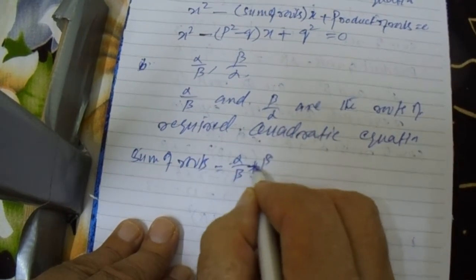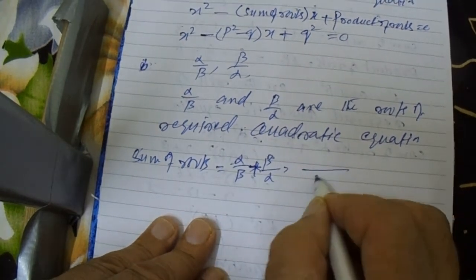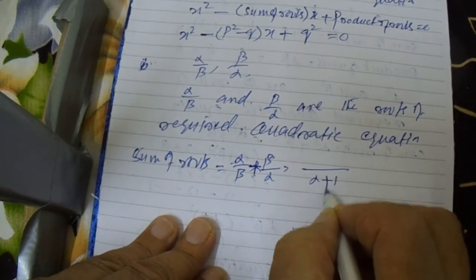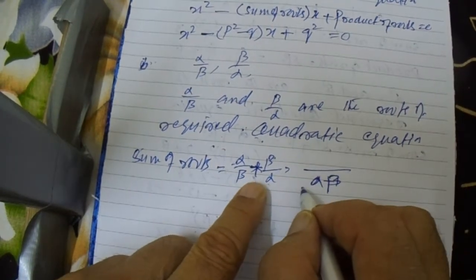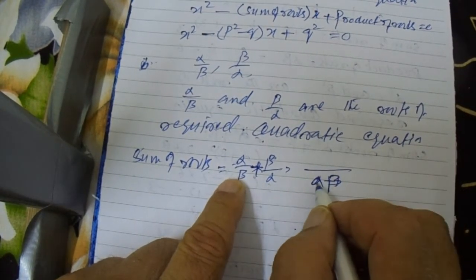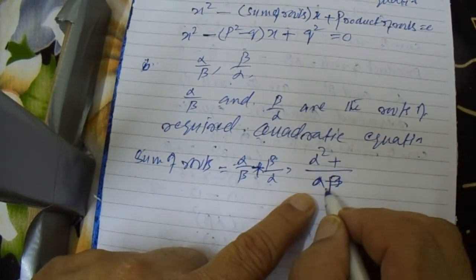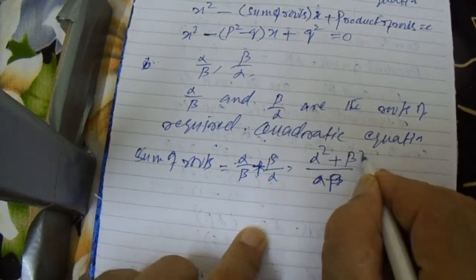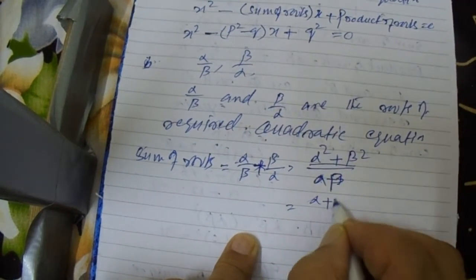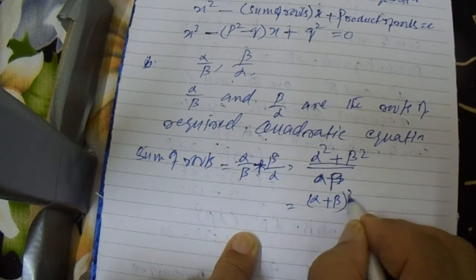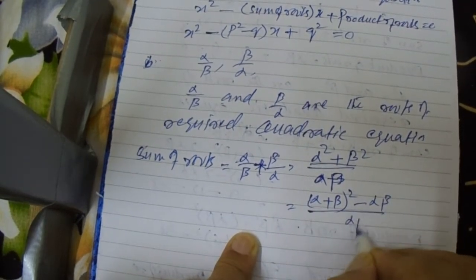Alpha into beta is the LCM, and beta is divided by this, we get alpha square, plus alpha is divided by this, we get beta square. Now we write this equal to alpha plus beta whole square minus 2 alpha beta over alpha beta.